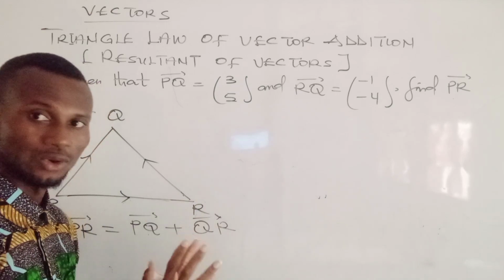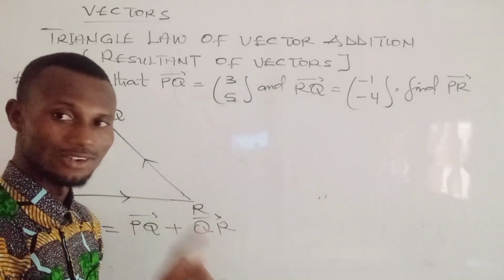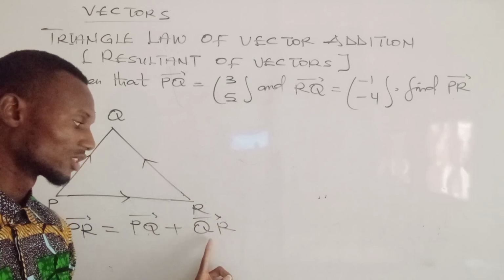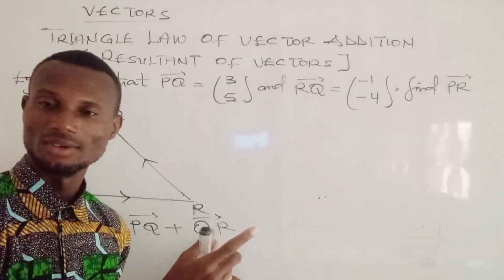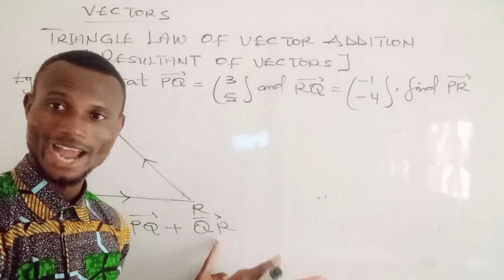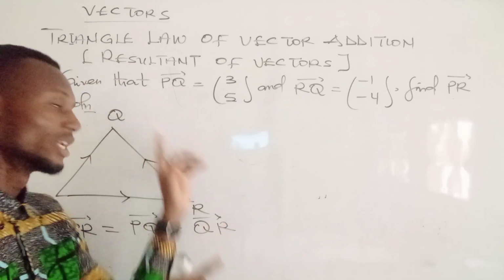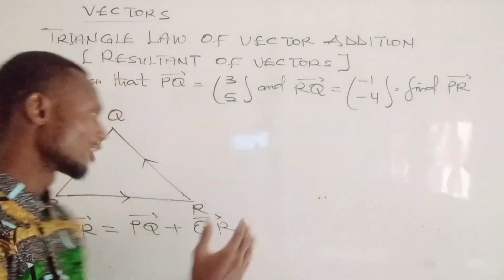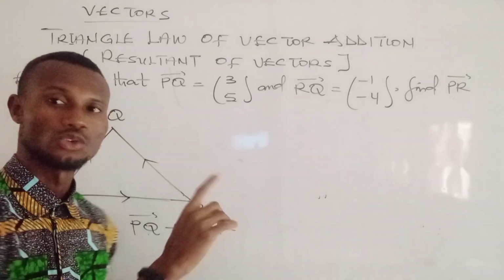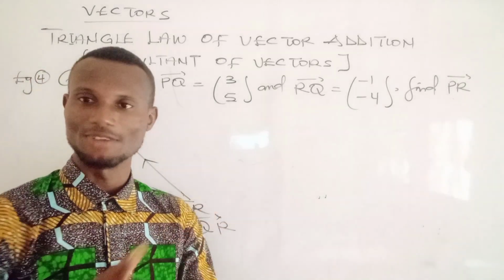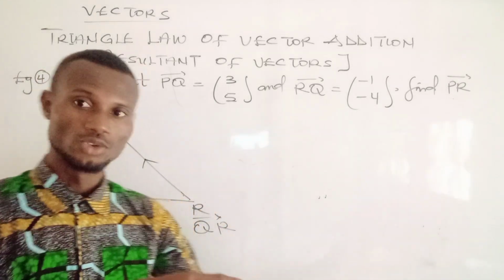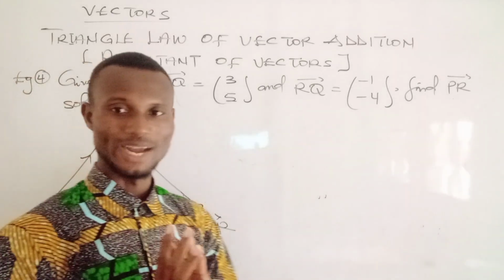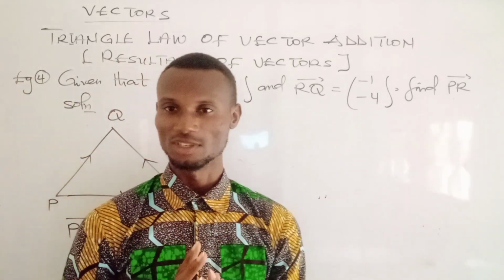Again, don't say that because I have RQ here, you are going to put RQ here. That will be wrong, and I've explained to you why: RQ is not the same as QR. From the law, we are supposed to have QR, so we use the inverse of a vector to get it. I hope the explanation is clear enough up to this point.